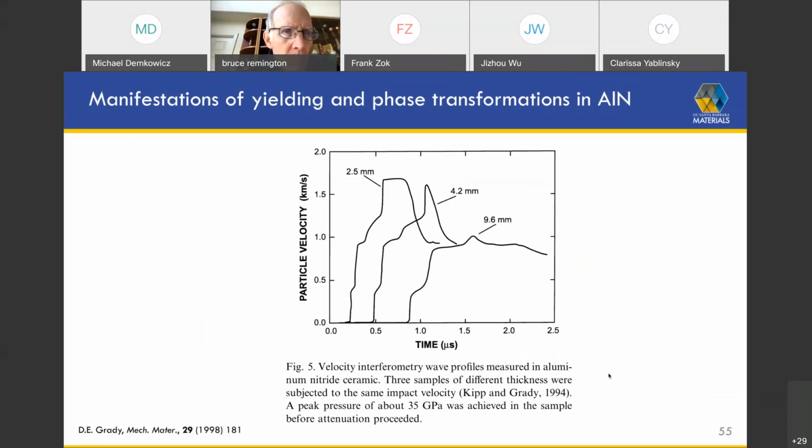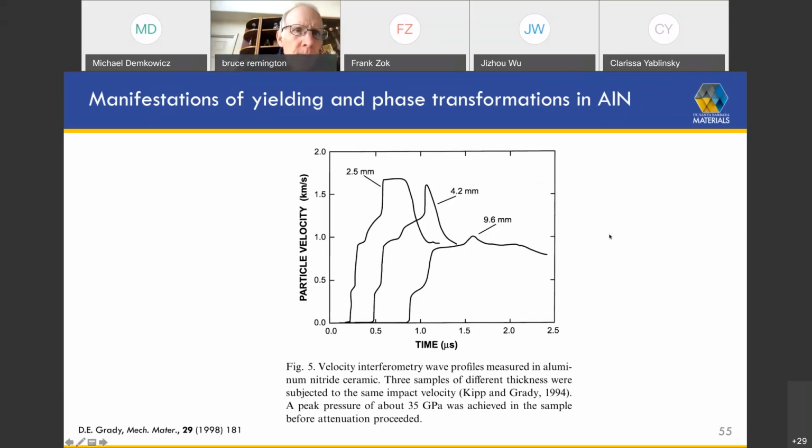And the interesting thing that you find in experiments like this is, down here, these represent the Hugoniot. And then you get other shelves in this particle velocity time trace, which reflect the phase transformations that occur at these higher pressures.